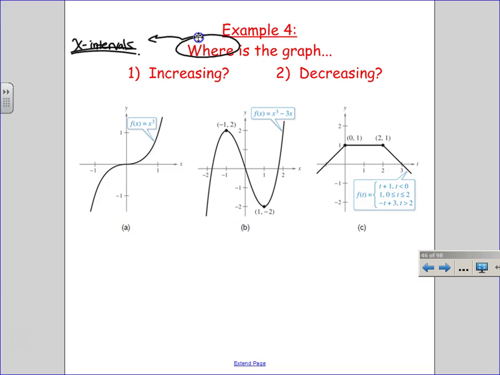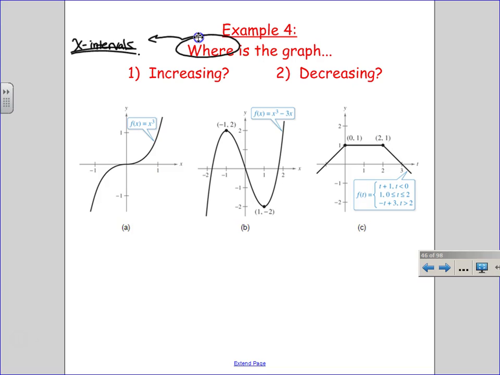I'm not going to call that domain, because domain is specifically talking about the x's for the entire function, all the x's that work. For these, it's all the x's where a certain characteristic is true. And we're just going to work together on these, because the more examples that we can do, and the more I can talk them through, then the more capable you'll be in homework when you are individually practicing and seeing how you can apply it on your own.